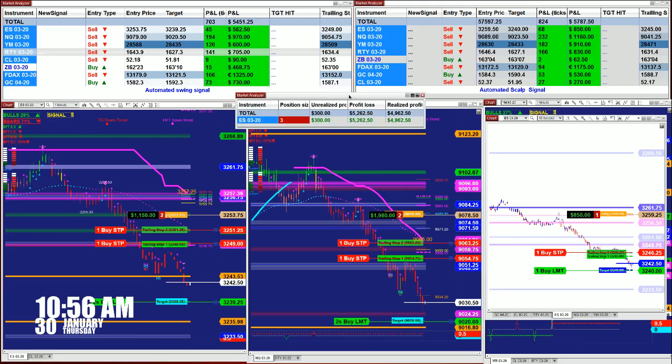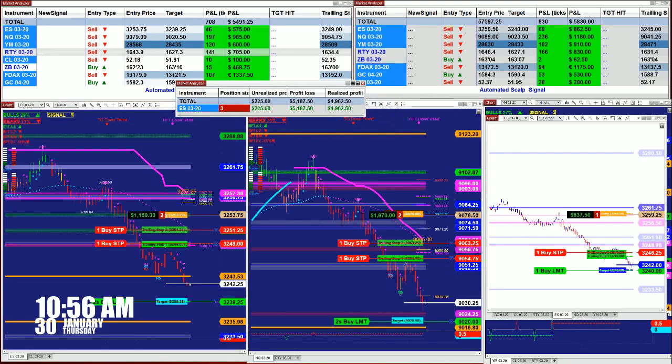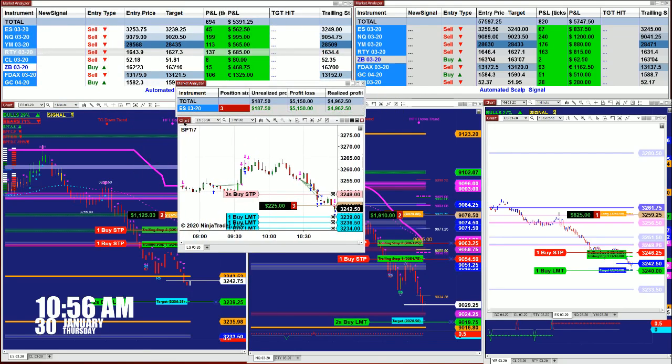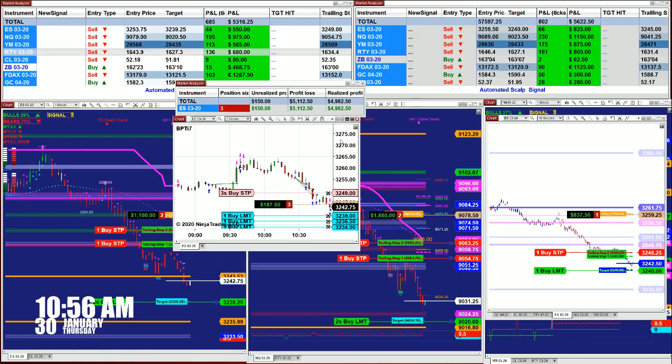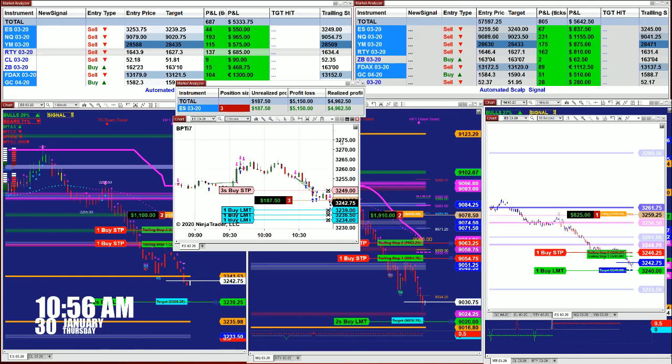Okay, we are on the second trade on this automated trade. We are already nailed across the 5,000, and now I'm not sure this one is going to make it, which I don't know, we'll see.